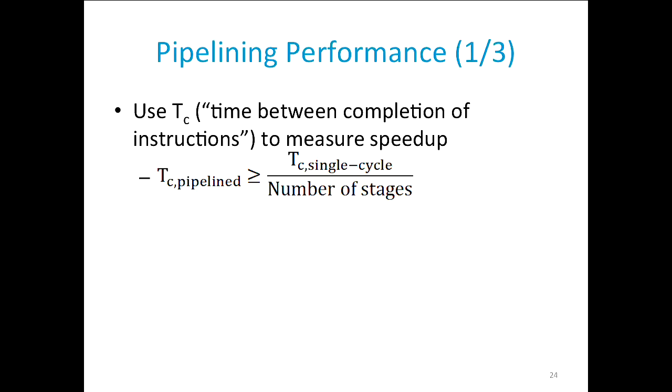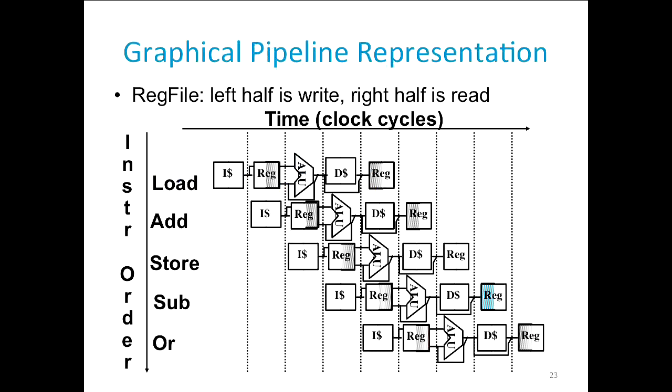Question: if you were trying to write and read the same register, as in you load it into register S1 and then try to add with that register, if you haven't rewritten it yet, what happens? So the question was, what happens if I'm writing register 3 here and I'm reading register 3 here?